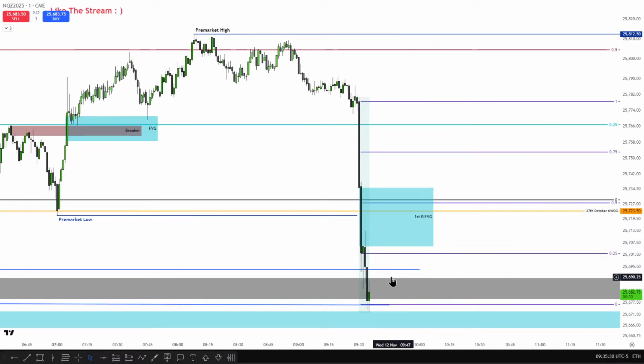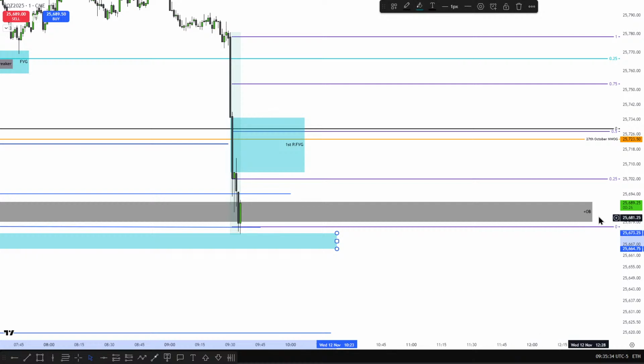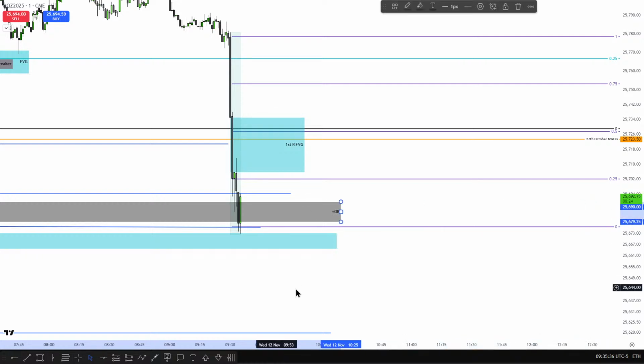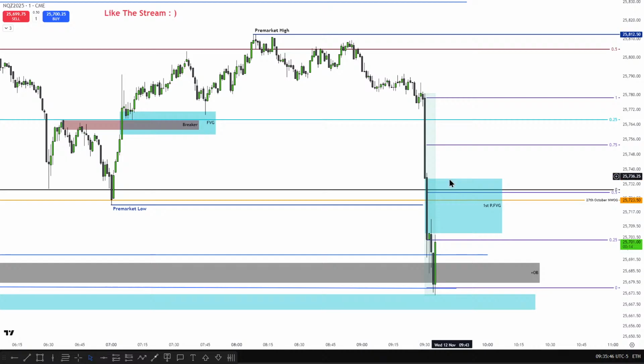We'll see if one of these PD arrays can support price higher or if that's going to fail, and we just keep going lower. I wouldn't really use this as a market structure shift because that could be taken and then still used as a turtle soup to go lower. I would want this to become an inversion gap.